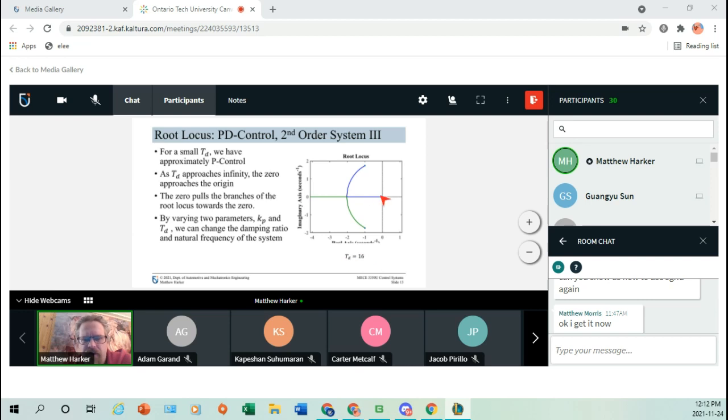If we set TD very large, our zero gets closer to the origin, which shows you that as we move that zero in, it's pulling the locus along with it. For a small TD, we essentially have P control, so that zero is way off at infinity, and those branches will be going essentially straight up.